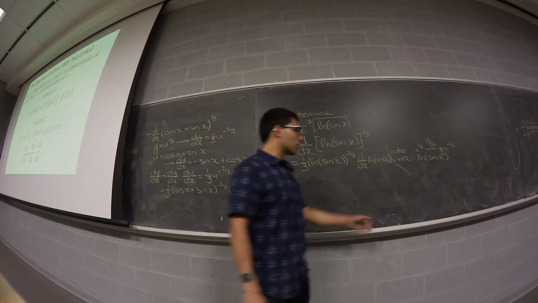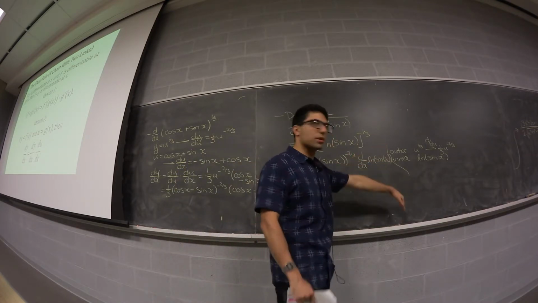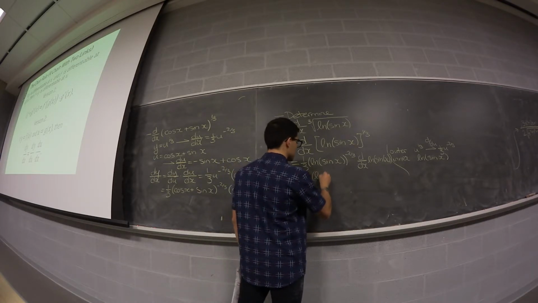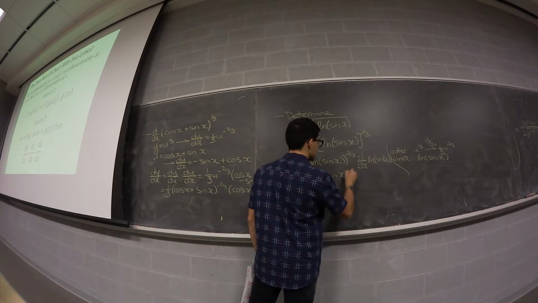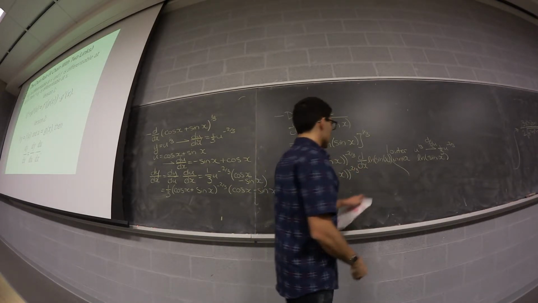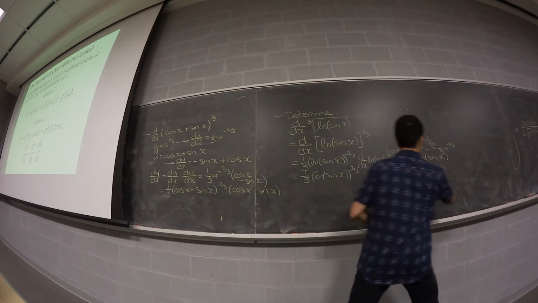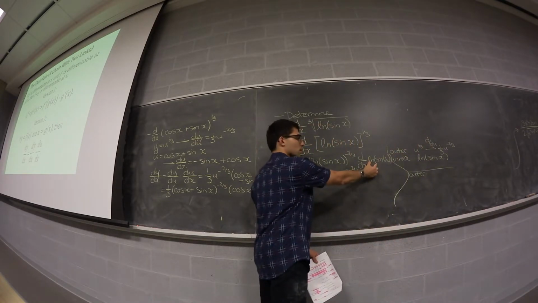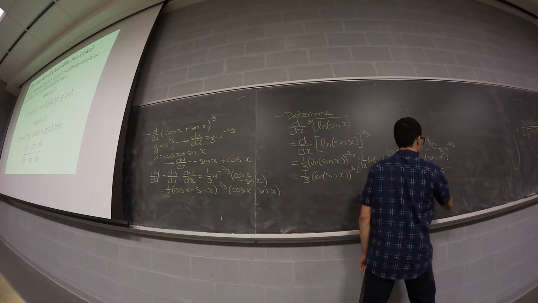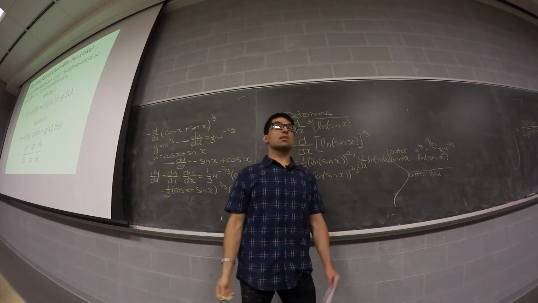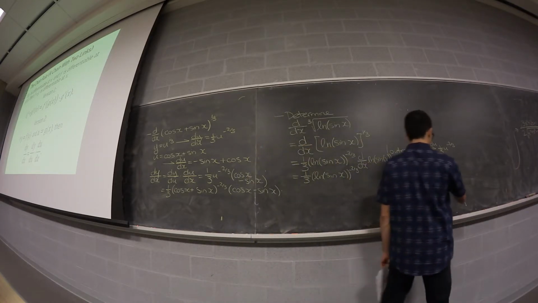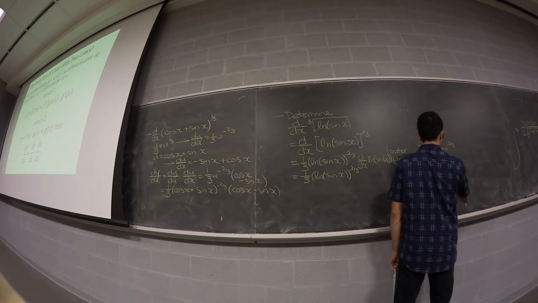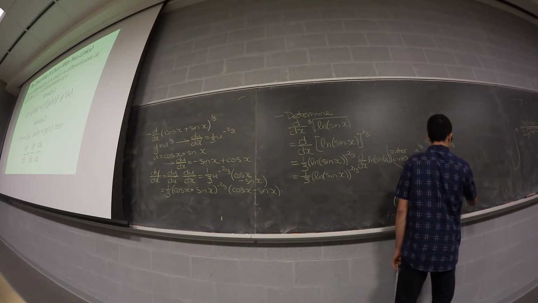Okay? And now what do we do? That's a composition as well, so we have to go again. Okay, on our second chain application, the outer function is ln, whose derivative is 1 over u. Okay. Take the derivative and get 1 over u.